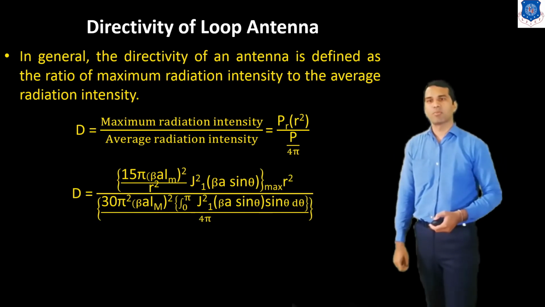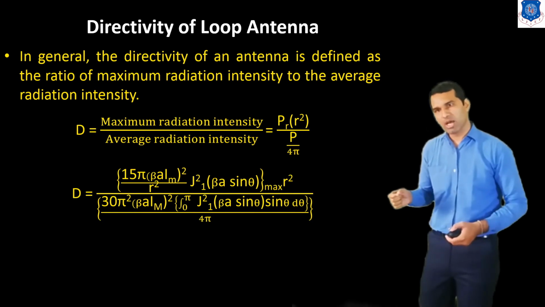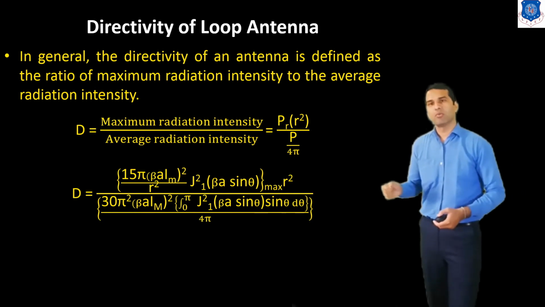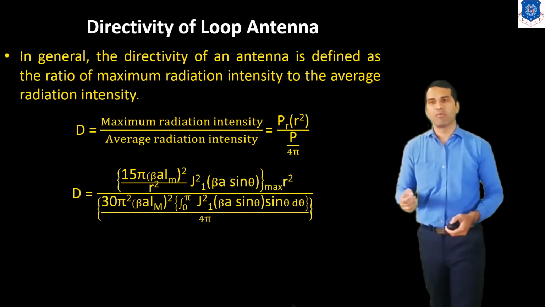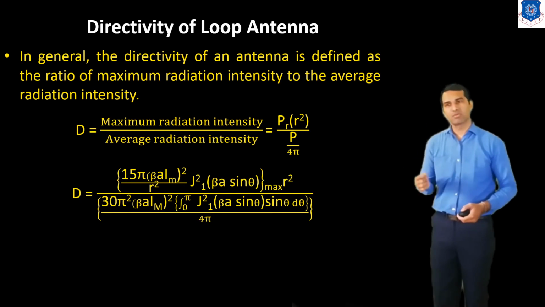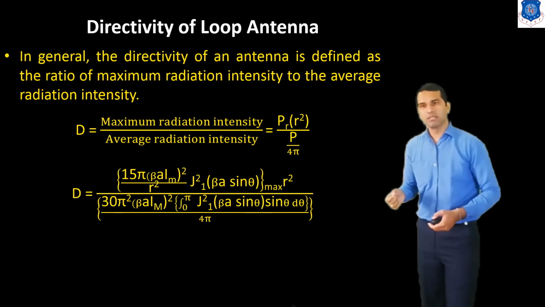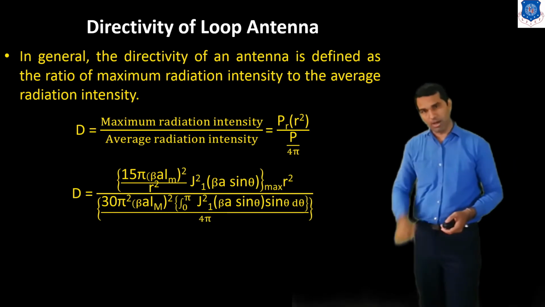So we have the equation for PR, that means radiated power. It is nothing but 15 pi beta a Im square into J1 square of beta a sin theta for the maximum, that means the maximum radiation intensity. And for the average radiation intensity, we can write 30 pi square beta a Im square, integral from 0 to pi of J1 square of beta a sin theta d theta into 4 pi.